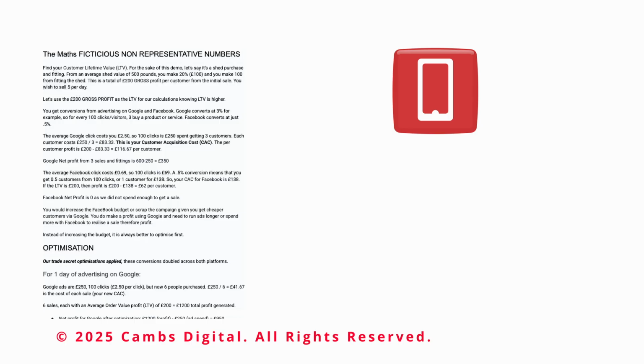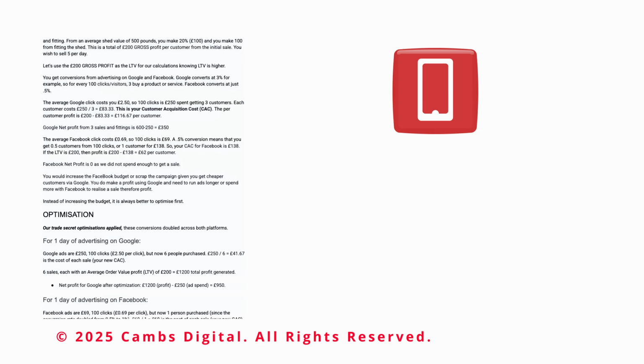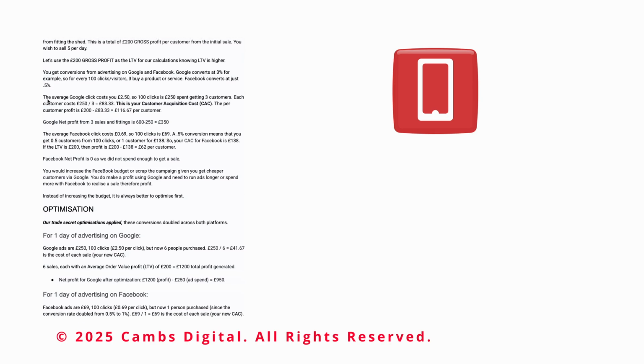You can pause the video over these figures as you go. So we're saying the average Google click costs you £2.50. This is a theoretical click as well, so it doesn't matter. So long as we keep the figures consistent throughout, you will understand the calculation and why conversion rate optimization is for you.